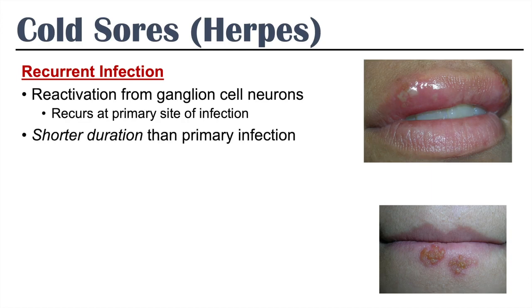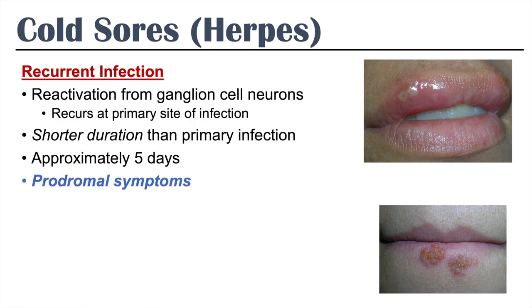But what's good news about the recurrent infection, if there is any good news, is that the duration of the recurrent infection is shorter than the primary infection and generally can last around 5 days. And a lot of times people will report that they have some prodromal symptoms. And prodromal symptoms really mean you start feeling something before you have an onset of the cold sore.